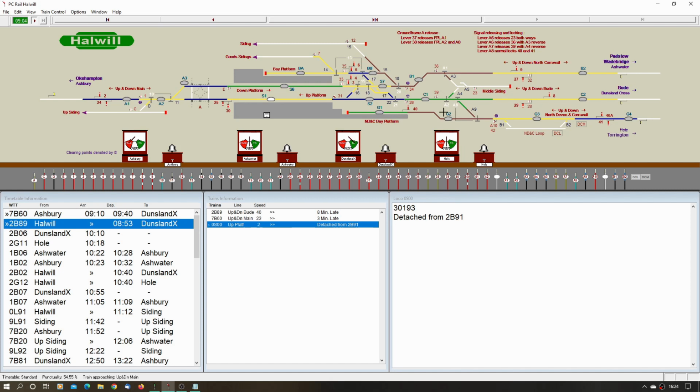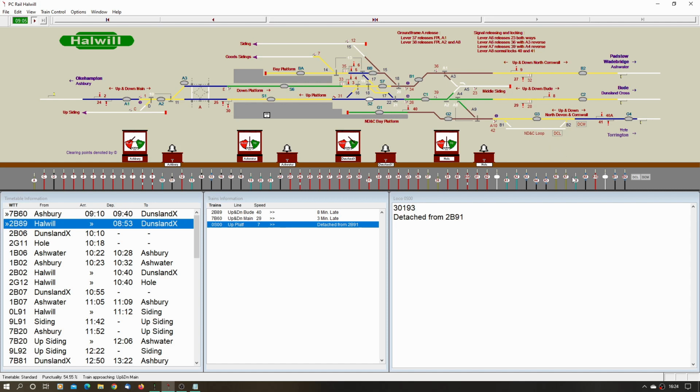So let's see, what do we need for A2? We need lever 38 for that, and then the facing point lock A2, A4 and A5. Not sure if you can lock A2 again. No, I don't think you need them locked. Lever A7 releases 39.